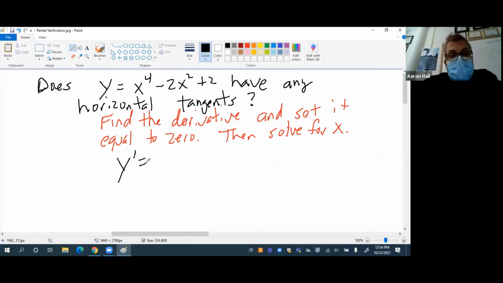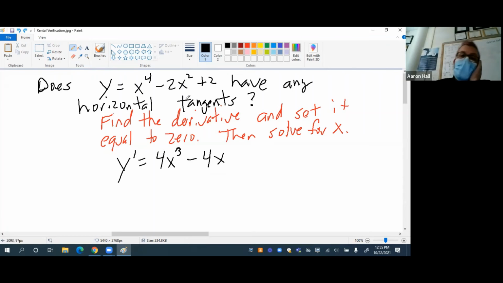It's 4x cubed, and then minus 4x. So what's the derivative of a constant? It's just 0. The derivative of a constant is 0, so we just leave it alone.